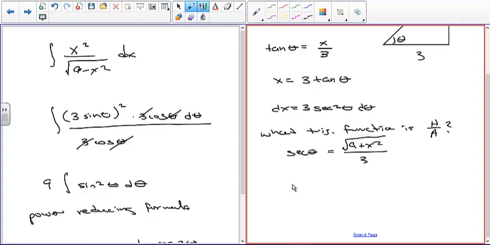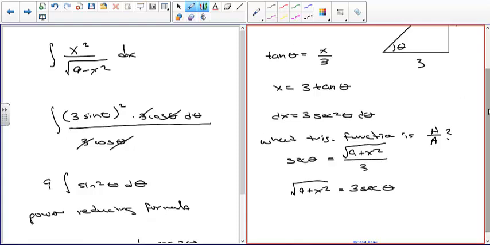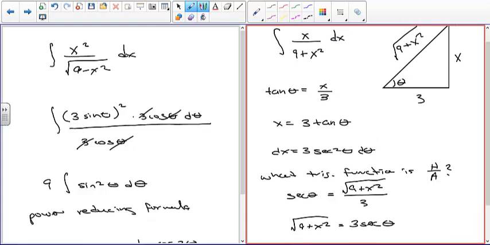So we're going to say the square root of 9 plus x squared is equal to 3 times the secant of theta. So let's underline our substitutions here again. For x, we're going to put that in there. For dx, we're going to put that in there.